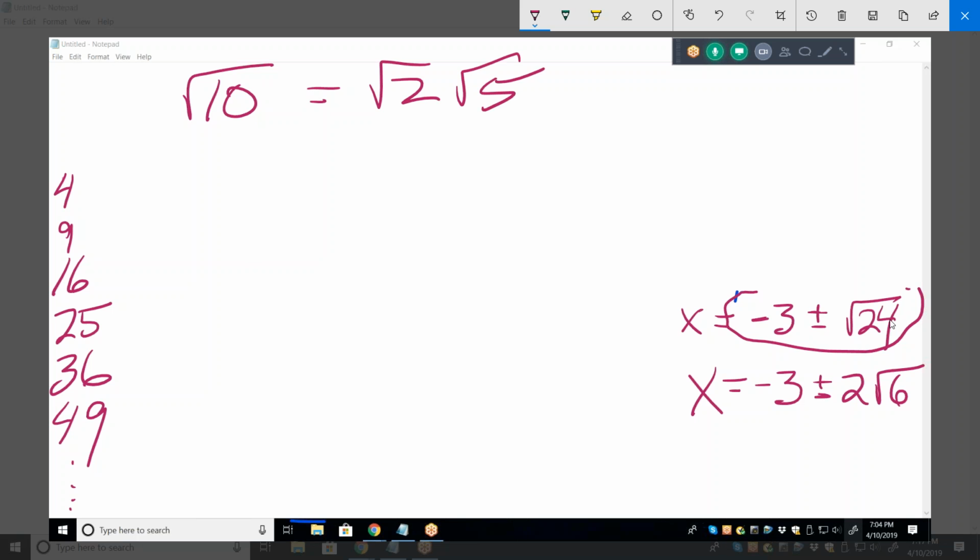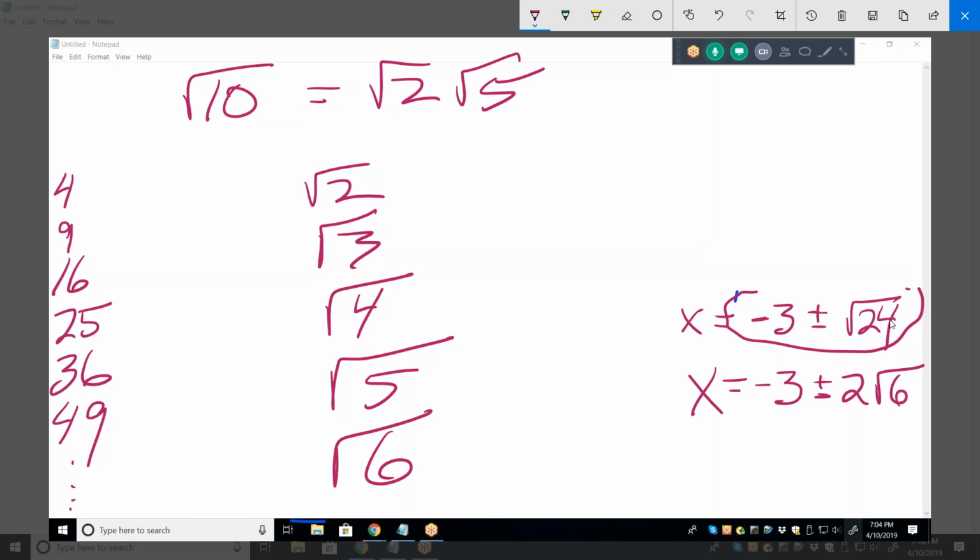So why do you have to do it with the 4, 9, 16s, 25s, 36, and 49s? Because when you get one of those factors to be one of these numbers over here, the square root of it is always a whole number. Why does it have to be?